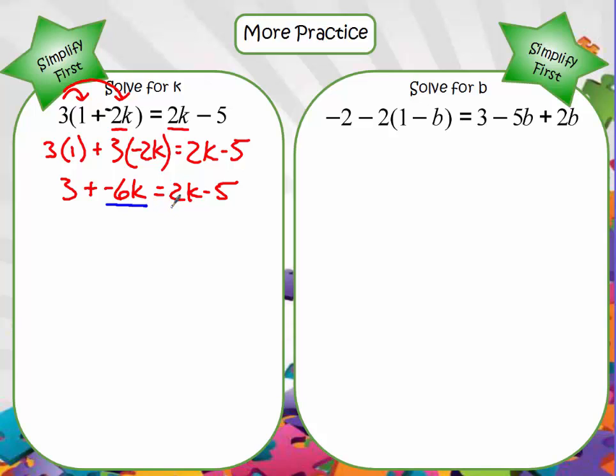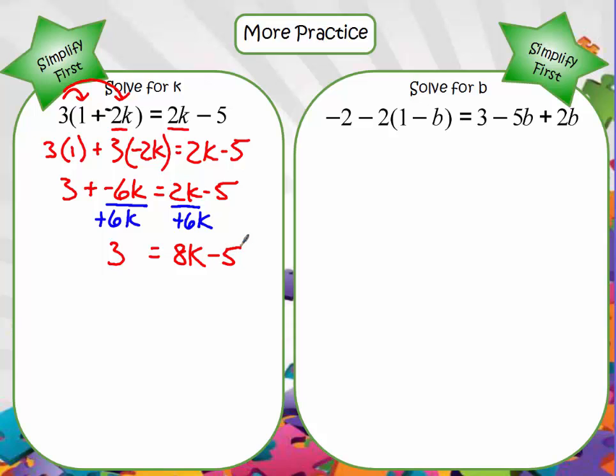I could just as easily have subtracted 2k from both sides, but then negative 6k and a negative 2k is going to keep my coefficient over here negative. It doesn't matter, but it's just a little bit easier if we keep things positive. So I'm going to add 6k to both sides. What happens here is I'm left with 3 on this side, because negative 6k plus 6k is 0. On this side I have 2k plus 6k, so that's 8k minus 5.